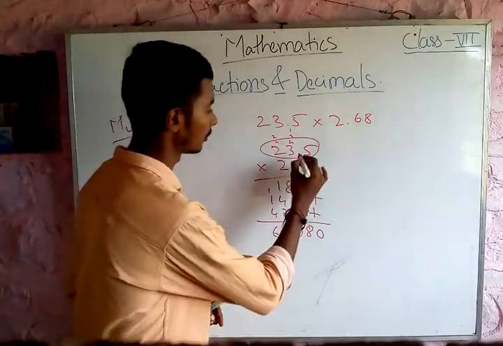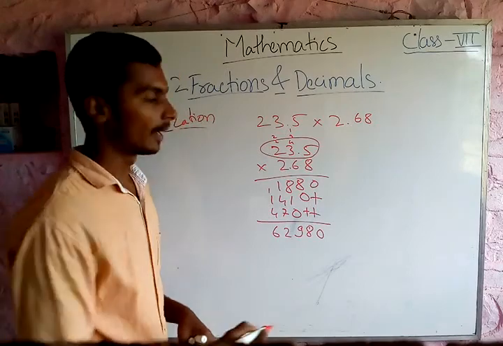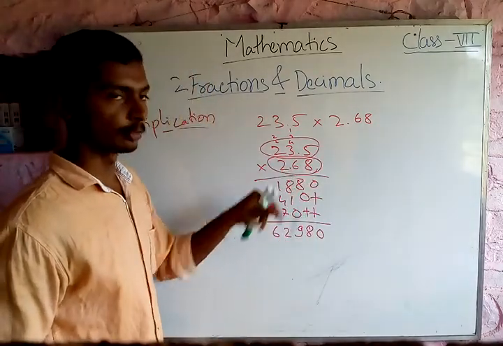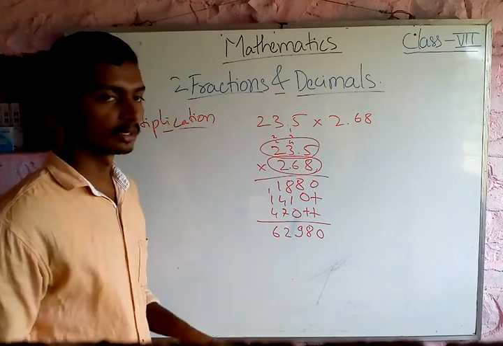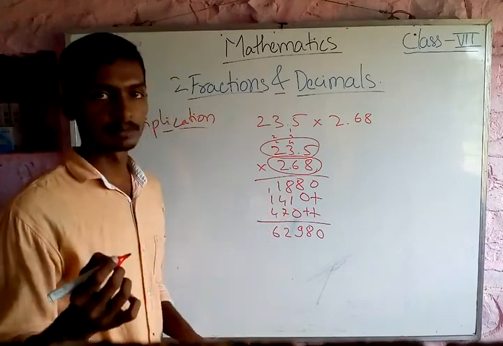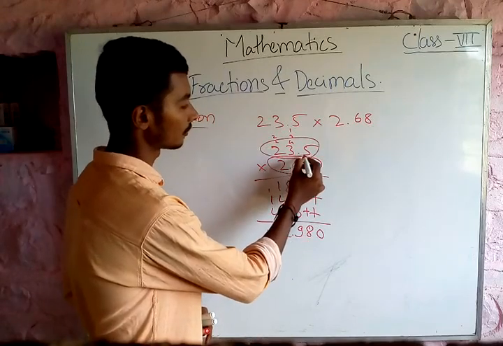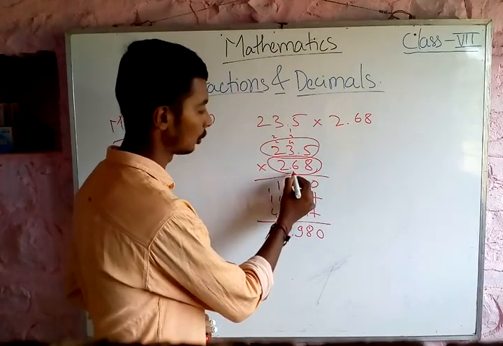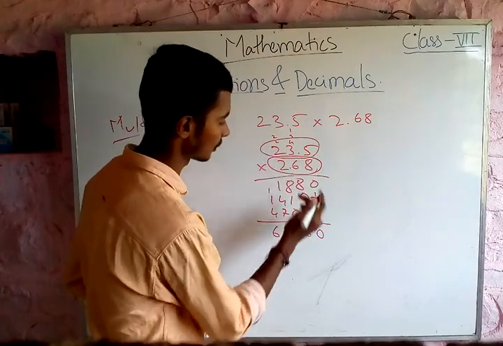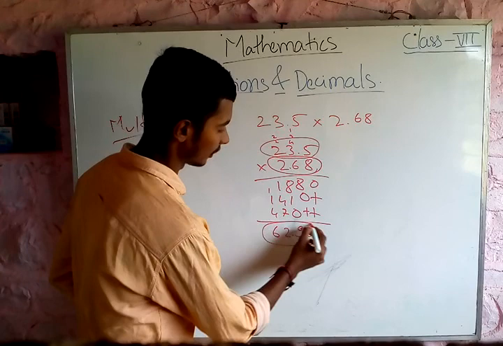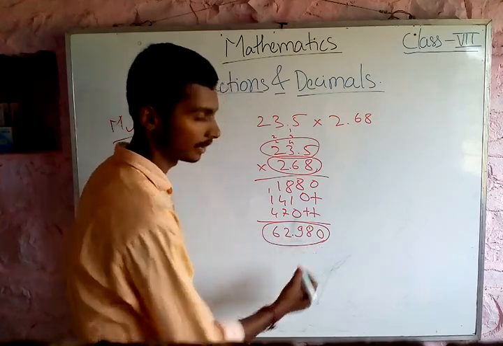The first number has a decimal point before 1 digit, and the second number has a decimal point before 2 digits. So in the result we will keep the decimal point before 3 digits. Why? 1 for this number and 2 from this number. So 1 plus 2 is 3. So the result will have a decimal point before 3 digits.